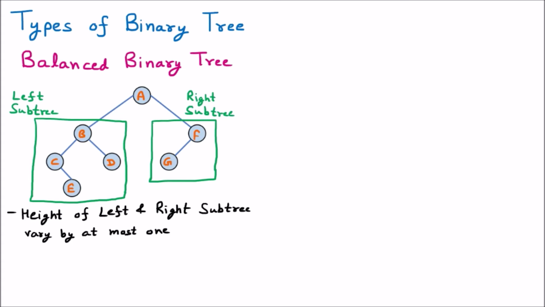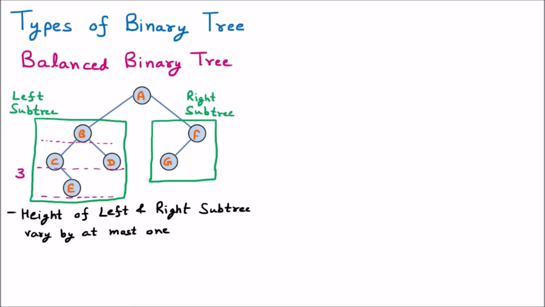First we find the different levels available here, starting with the left subtree. Here we have 1, 2 and 3, so the height or depth is 3.